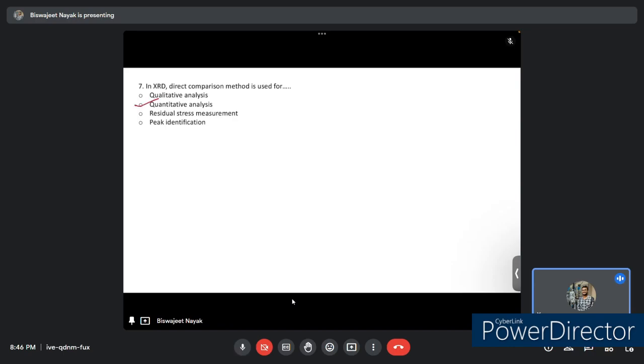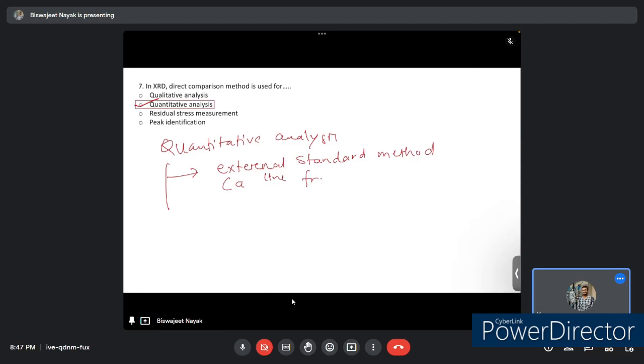There are three methods being used in quantitative analysis: the external standard method, the direct comparison method, and the internal standard method. In the external standard method, we use a line from pure alpha; there is no mixture of phases present here.